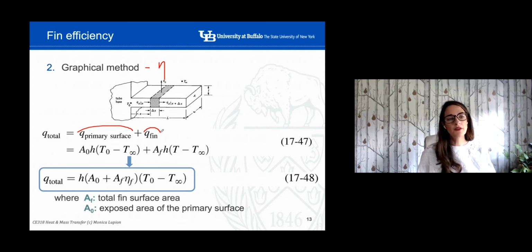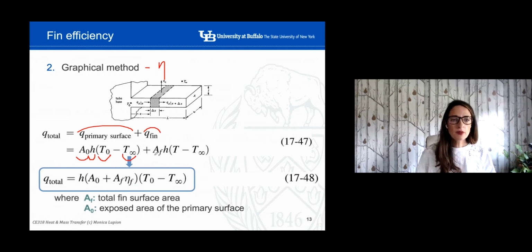How can we define the heat due to convection that is leaving the primary surface? Well, I know that for the primary surface it is defined as A0 times the convective coefficient h times delta T, and delta T is defined as the temperature of the surface minus T infinity. Okay, we know that. Let's go now to the fin.